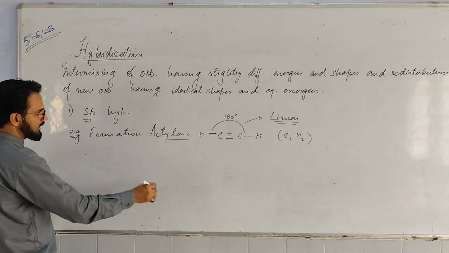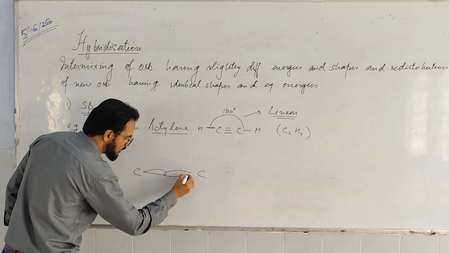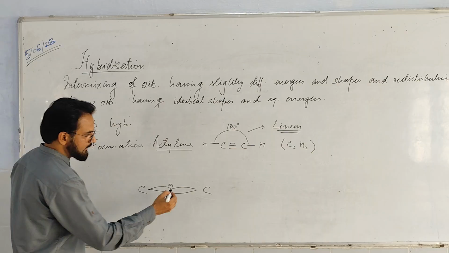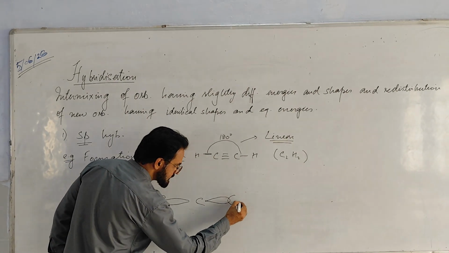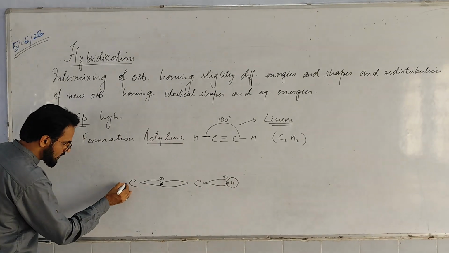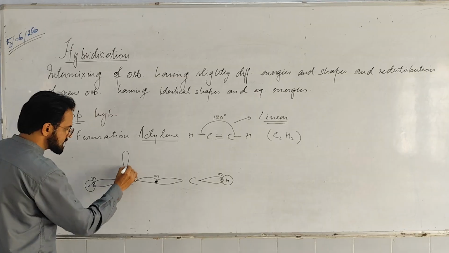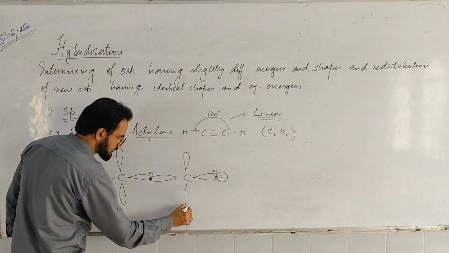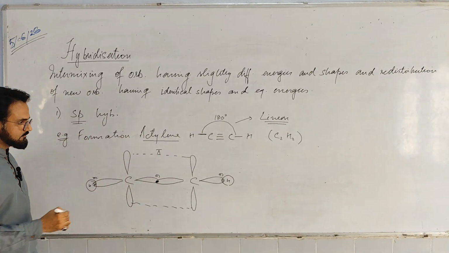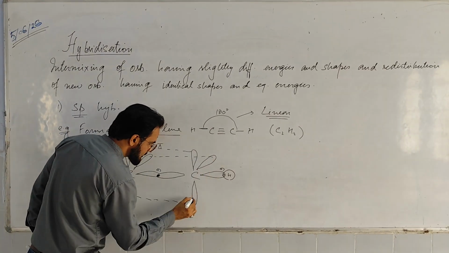Here is the structure of acetylene. The two carbon orbitals overlap head on and form a sigma bond, and hybrid orbitals overlapping with hydrogen also form sigma bonds, and the unhybridized orbitals overlap side by side, which forms a pi bond, and another pi bond.